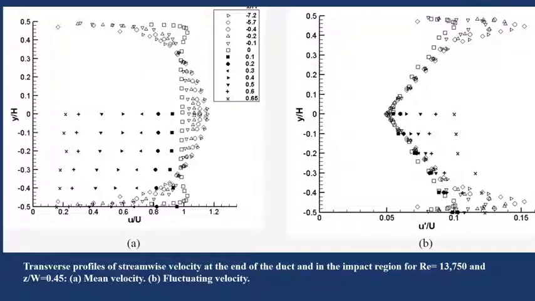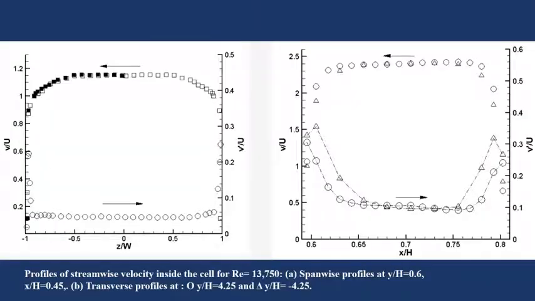The fluctuating velocity is lower in the middle section of the flow, as expected. And here also the vertical velocity in different lines of the field.